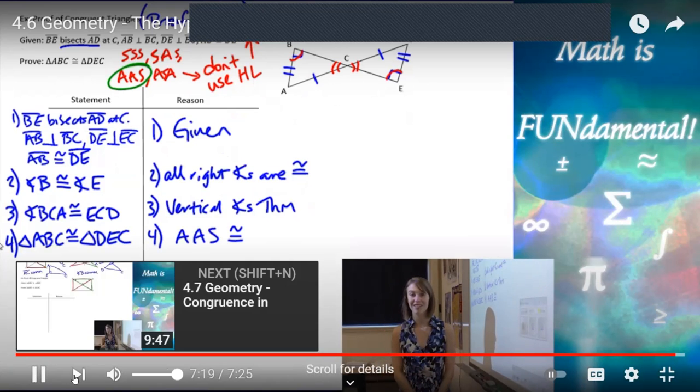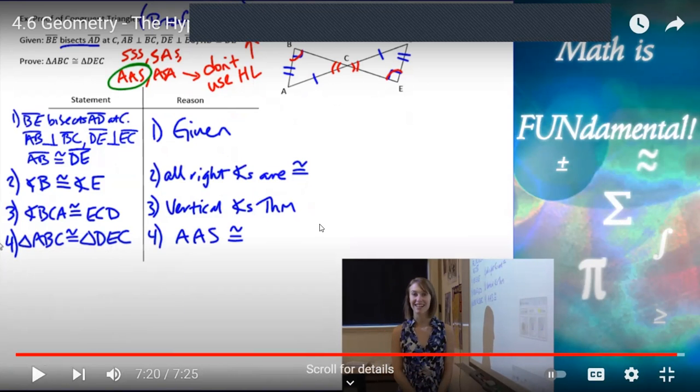So that's the proof. I think that concludes our lesson for today. So instead of using the hypotenuse leg theorem, he used angle-side-angle.